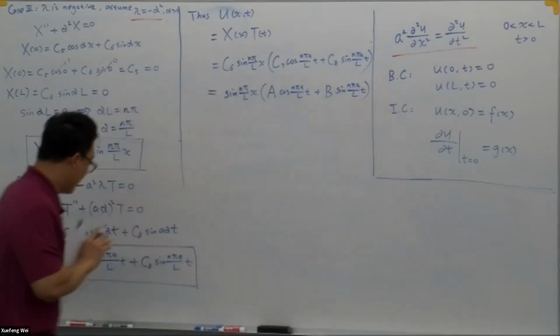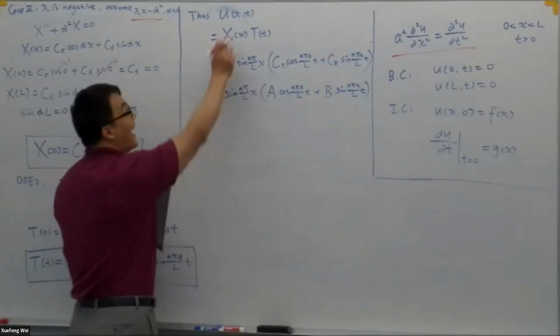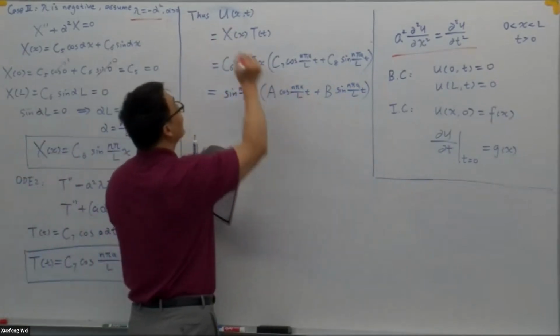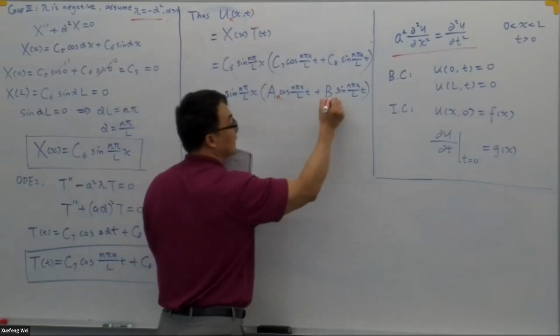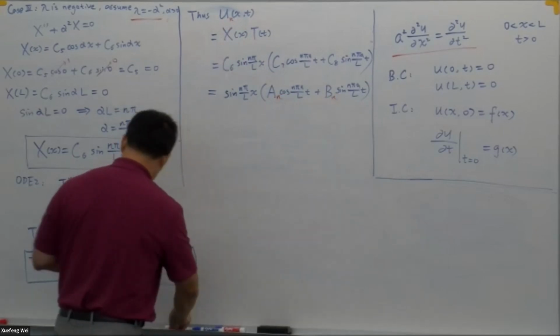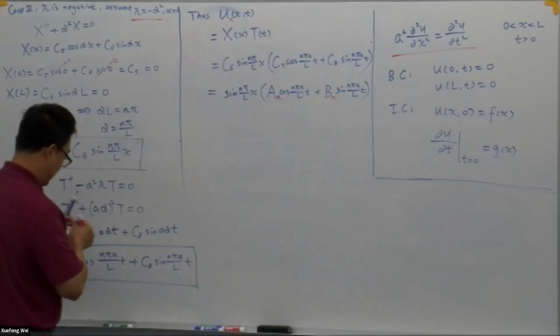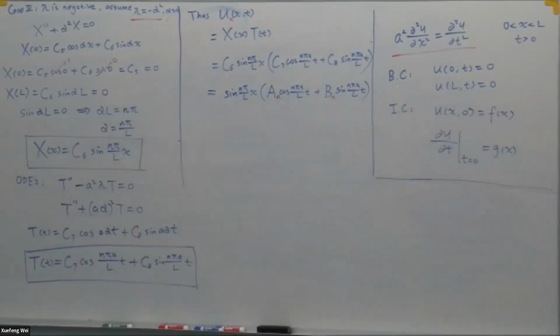Then I'm going to do the same trick we did before, because it's an n, we can take different n's. So I'm going to add a subscript n here, A sub n and B sub n, because we can pick different n's in order to satisfy the initial condition.